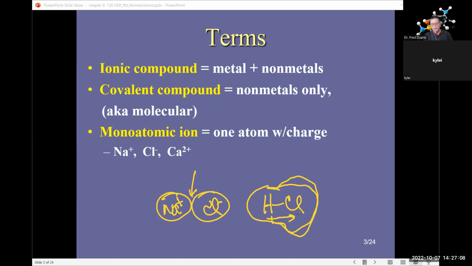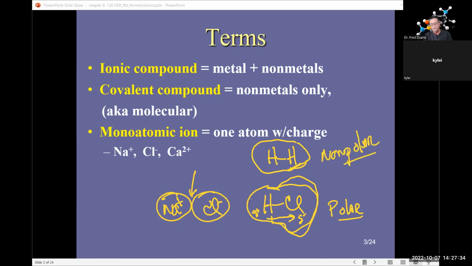In this case, we have partial negative on the chloride, partial positive on the hydrogen, and there's a sharing going on. That's a polar covalent bond. And for a nonpolar one, like hydrogen, we have an equal sharing, equal distribution of electron density. So this would be nonpolar.